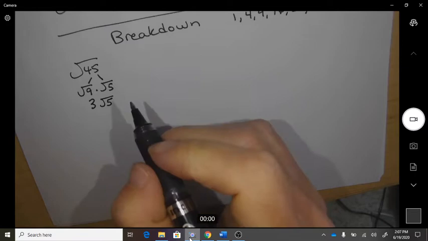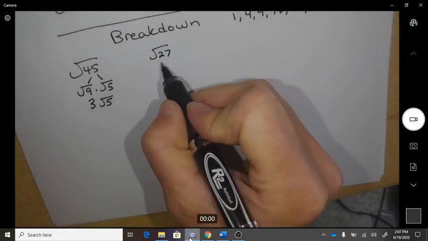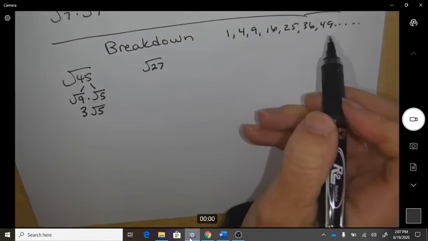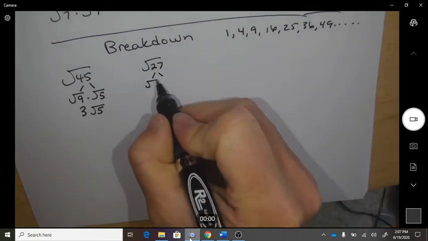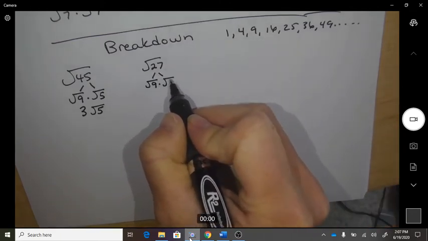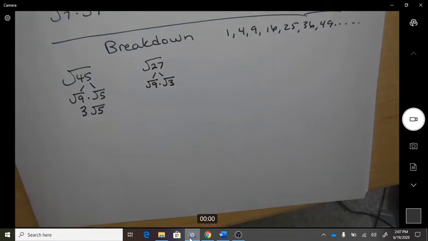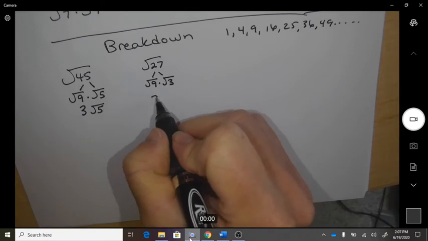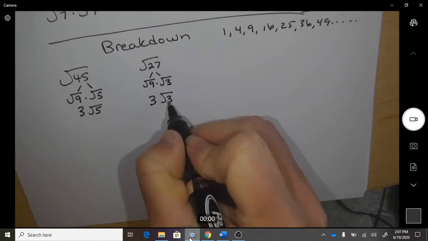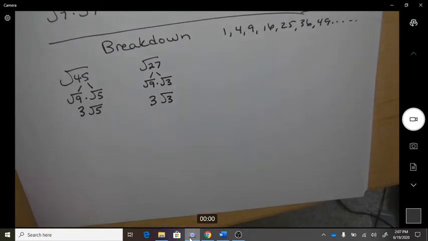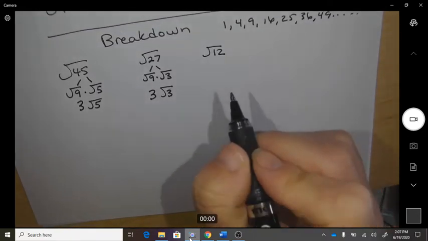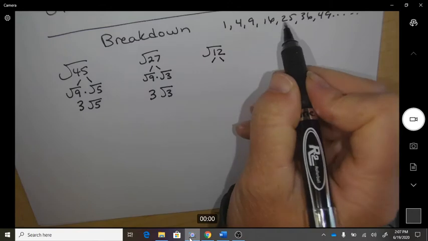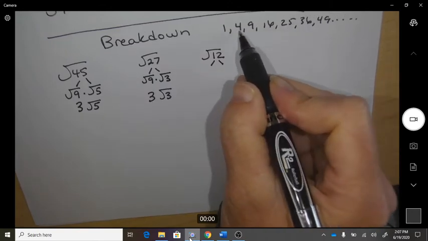Okay, so root 27. So can I use any of these numbers? I can divide root 9, root 3, because root 3 times 9 is 27. Root 9 is a whole number 3 with a radical 3. Root 12 can break down. So out of those numbers, I can divide 12 by 4.